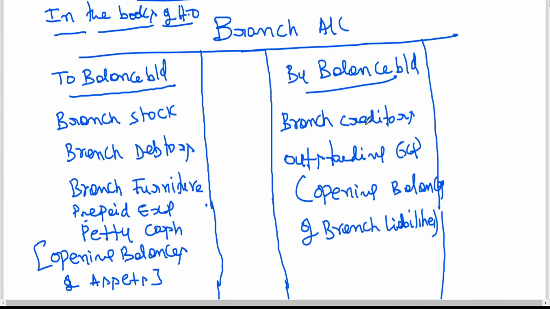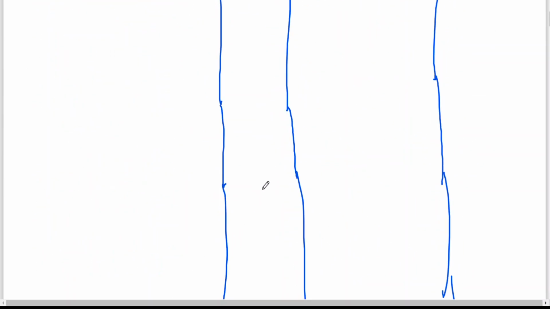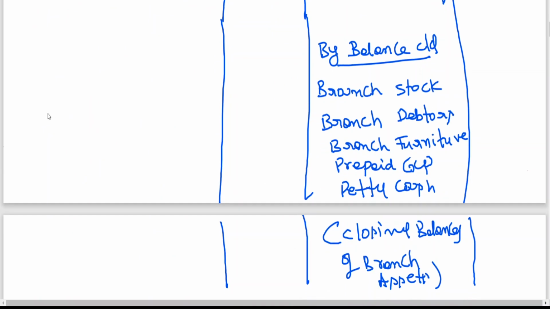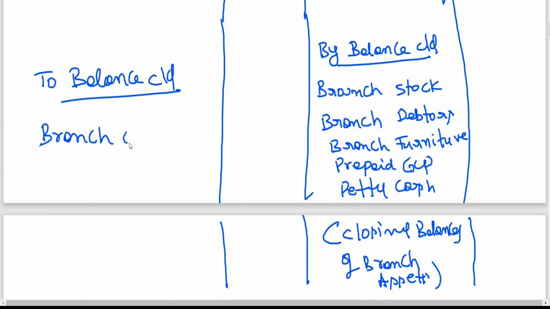Now the opening balance of liabilities will come to the other side. To balance carry down. Branch creditors.